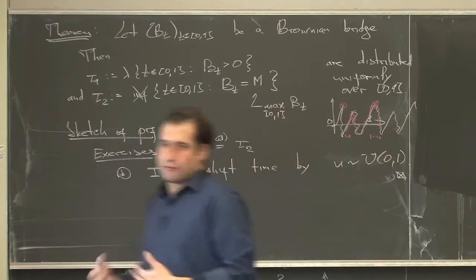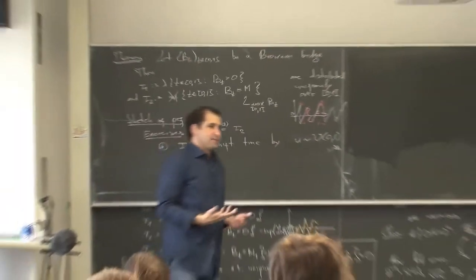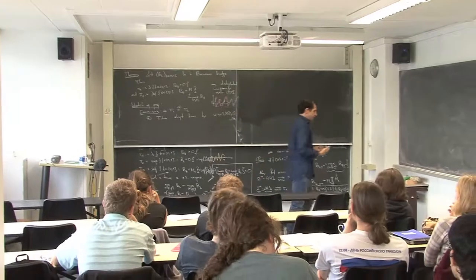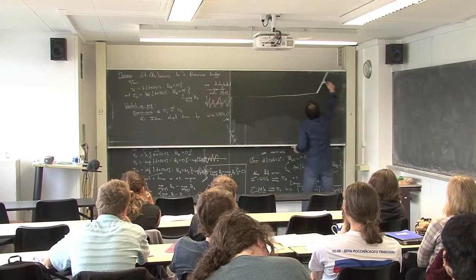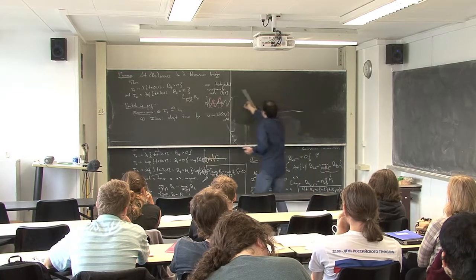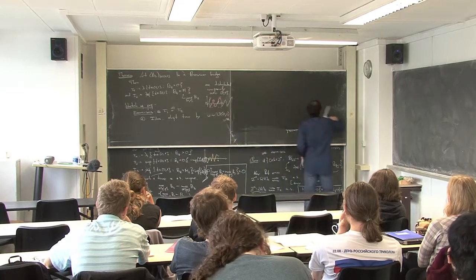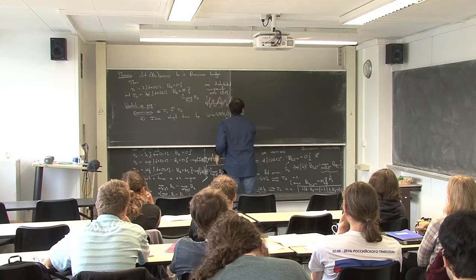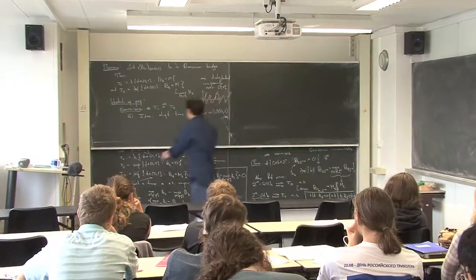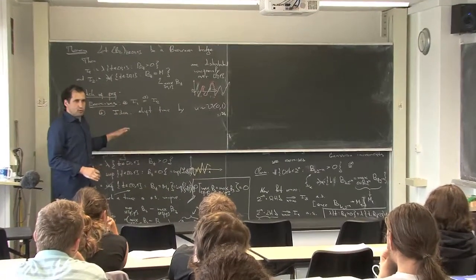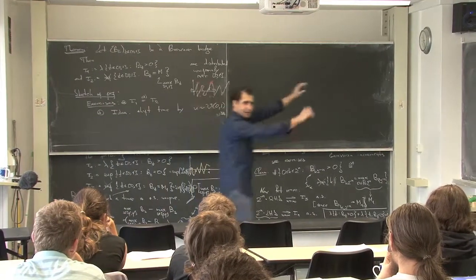The main idea is to give you more intuition about what local times are, because this is an important concept, and okay, it can be illustrated on a fairly simple material, actually. So the main idea is to get some intuition about that process L_t^0 which is not defined yet rigorously.